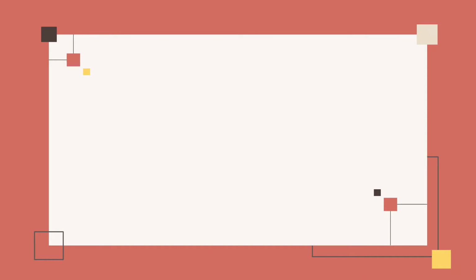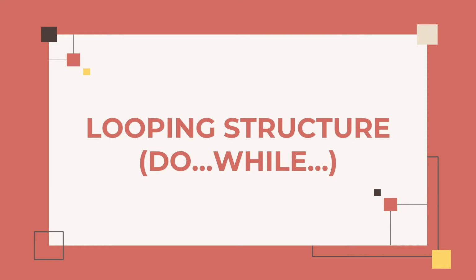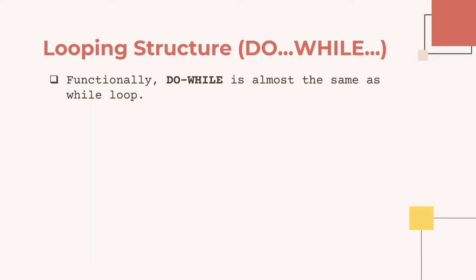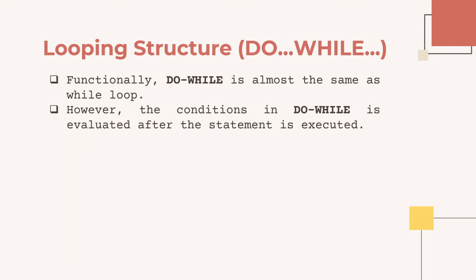Then we will discuss the looping structure do while. Functionally, do while is almost the same as the while loop. However, the condition in do while is evaluated after the statement is executed. If the condition is true, then the statement is executed again. But if the condition is false, the statement is not executed.